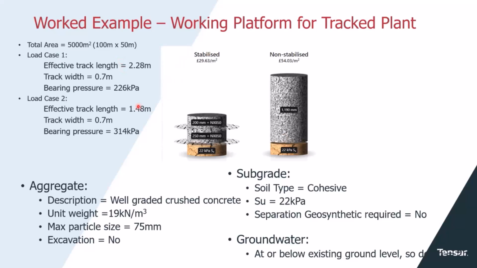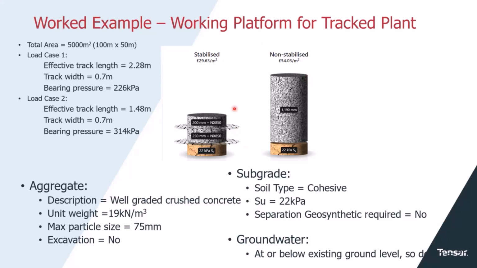And I can show you the final results of the design. And in a moment, I will also show you how that looks like in our design software. So here we can see if we are not to use any geogrids, the working platform for the piling rig in this case would have had to be 1.20 meter thick.